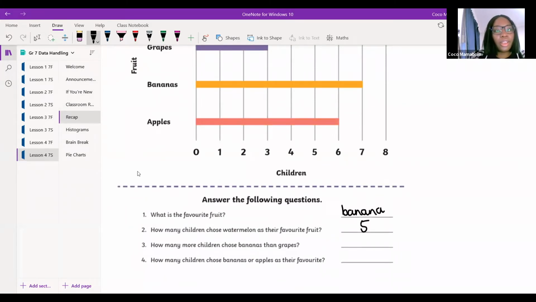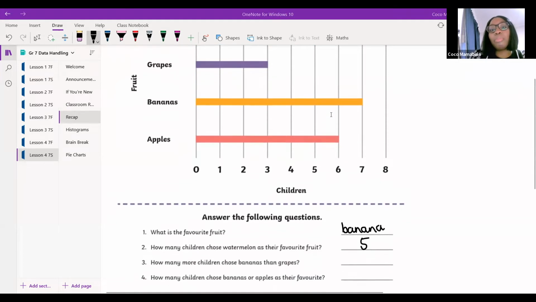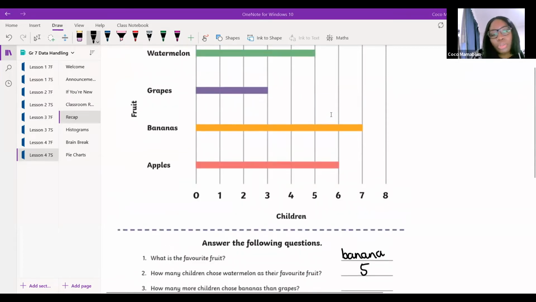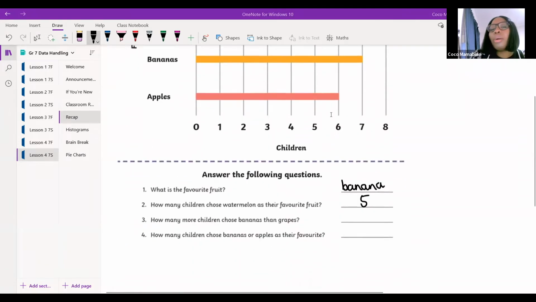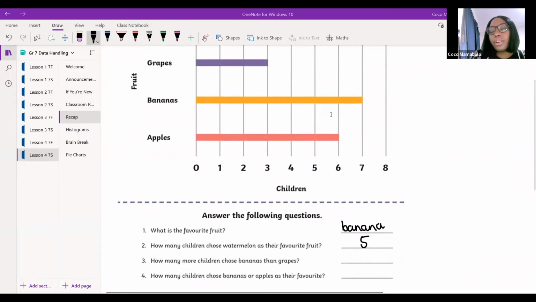All right. Melisha, can I ask you then, how many more children chose bananas than grapes? I think 7. Okay, so 7 is the number of kids who chose banana, but how many kids chose grape? Oh, 3. So how many more kids chose banana than grape?